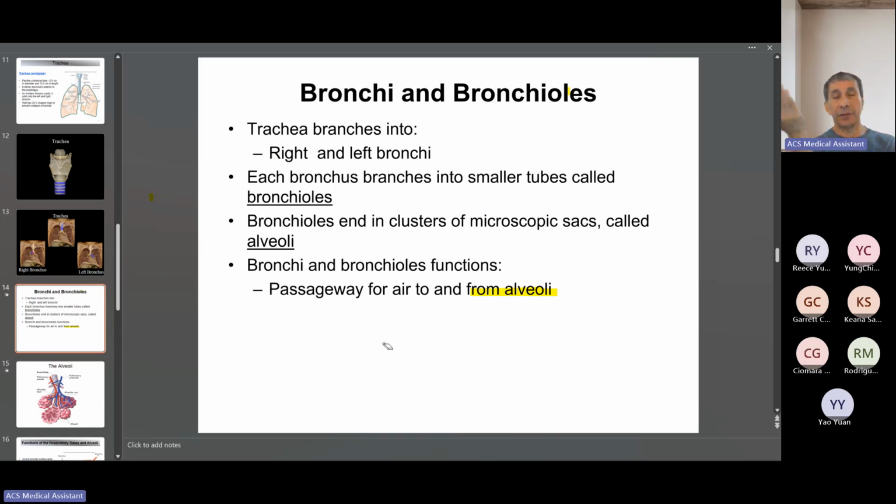The air enters from the outside through all these channels, goes to the alveoli, drops the oxygen there, picks up carbon dioxide, and leaves. So when we breathe in, air goes in with oxygen. We bring it to the alveoli. Now when we breathe out, the air goes out again. The air that enters is not staying inside the lungs.